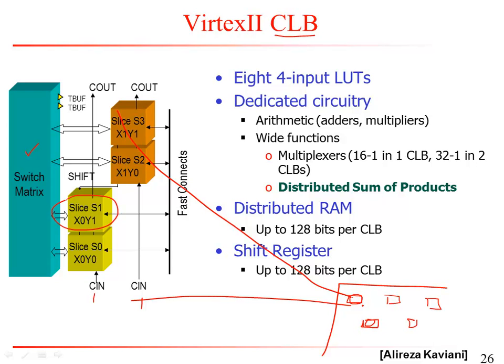And the switch matrix is closer to a full crossbar switch that allows connectivity between the lookup tables inside here, and then you could have an output of that lookup table going back to the switch matrix, and maybe take that lookup table's output and feed it as one of the inputs in this slice, and so on, right?